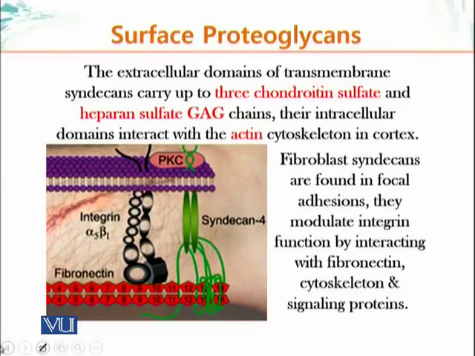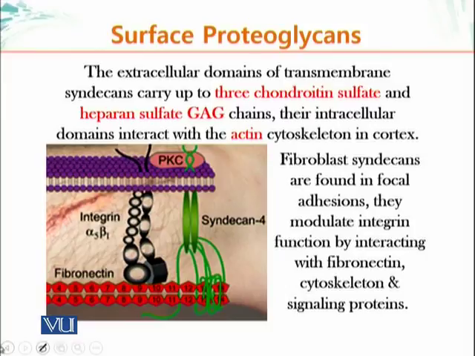If a molecule is acting as an anchor, attaching a cell to either an adjacent cell or the extracellular matrix, it pretty much has to interact with one of the cytoskeletal elements, either actin or, as we have talked about, intermediate filaments. Fibroblast syndecans are also found in focal adhesions.